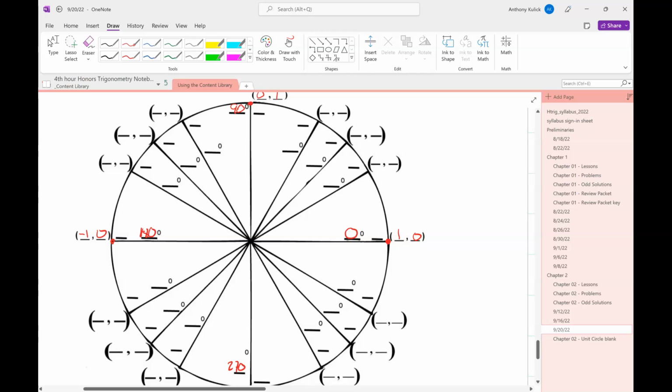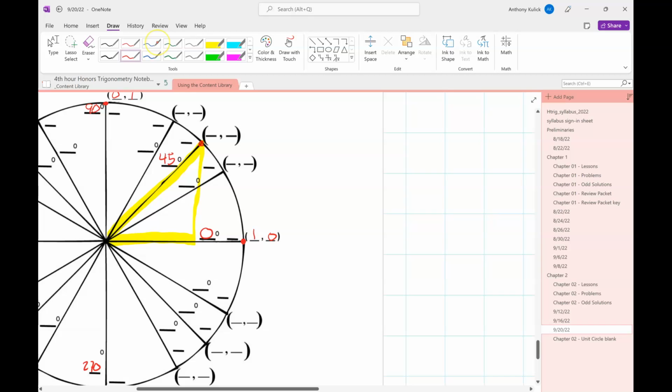Let's do now, say, the 45, 45, 90 triangles. So this point here forms a 45, 45, 90 reference triangle. So when I do that, I'm going to call these side lengths A's. The ratio of side lengths should look like this, right?